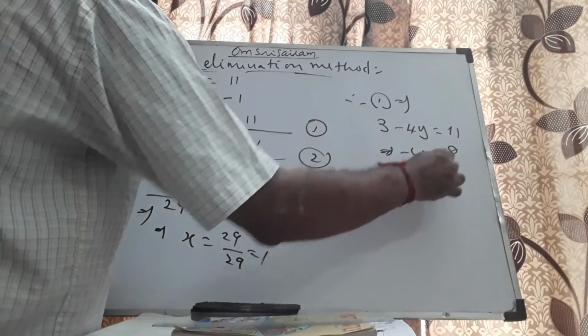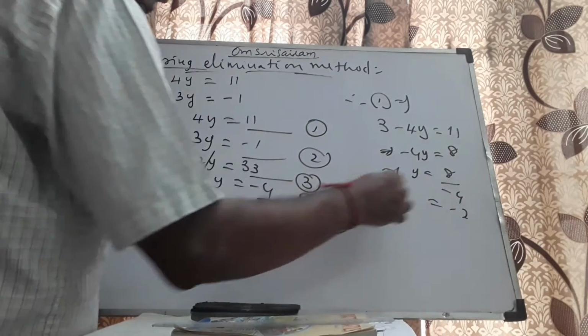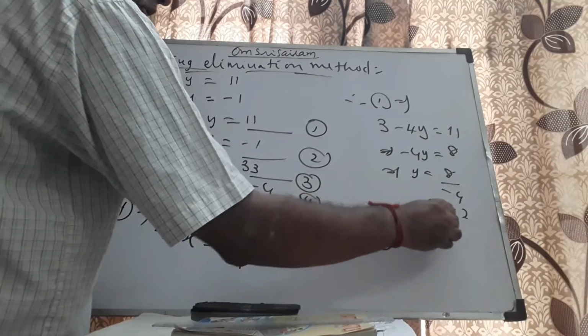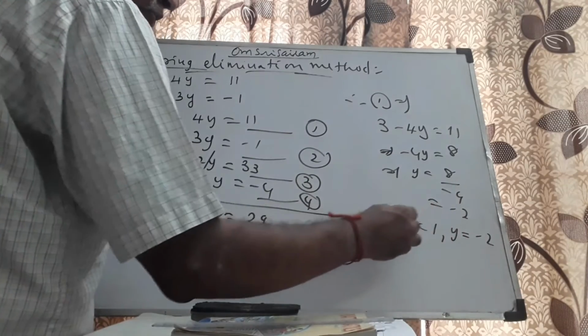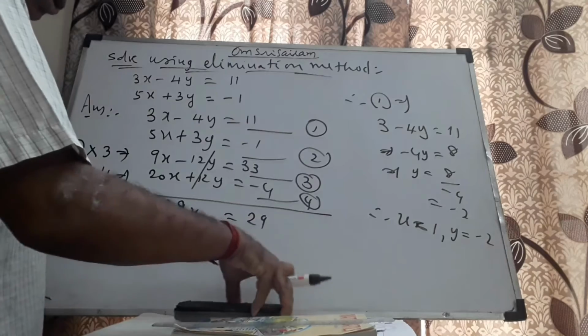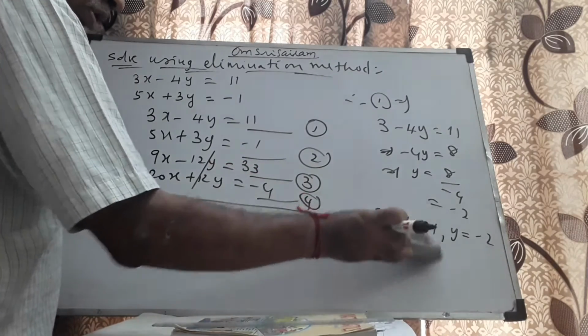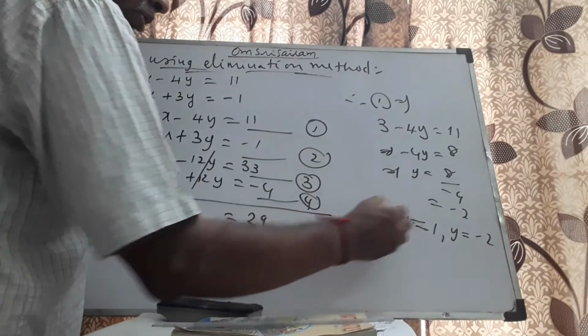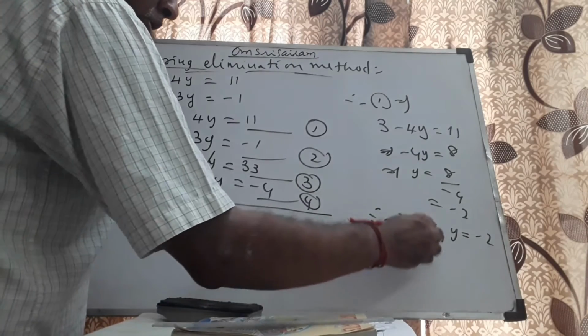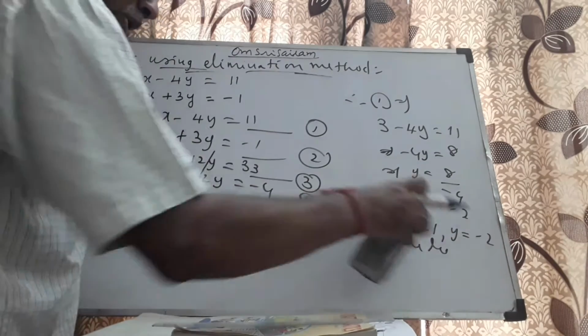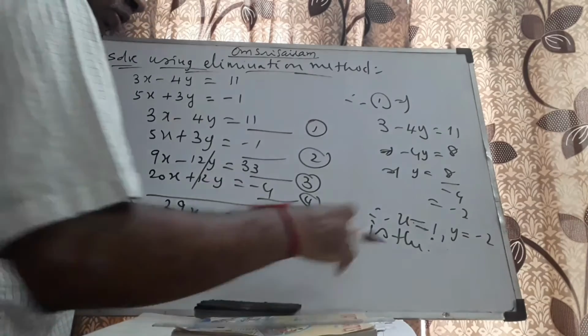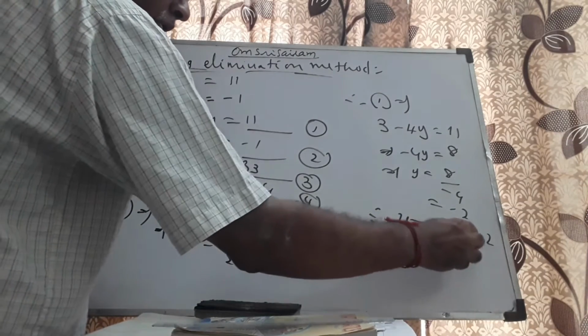Therefore, y is equal to 8 by minus 4, which is minus 2. Therefore, x is equal to 1, y is equal to minus 2 is the required solution. Either way you can write, it doesn't matter.